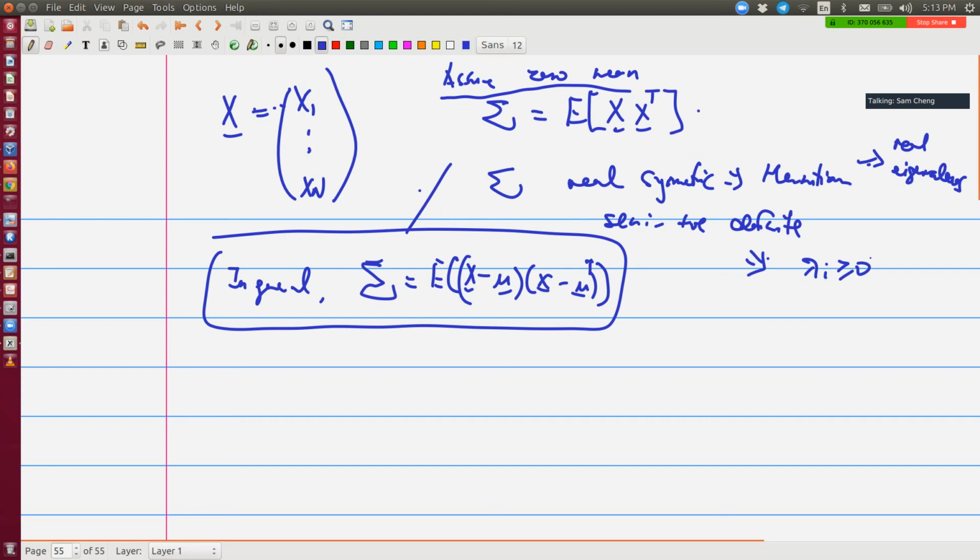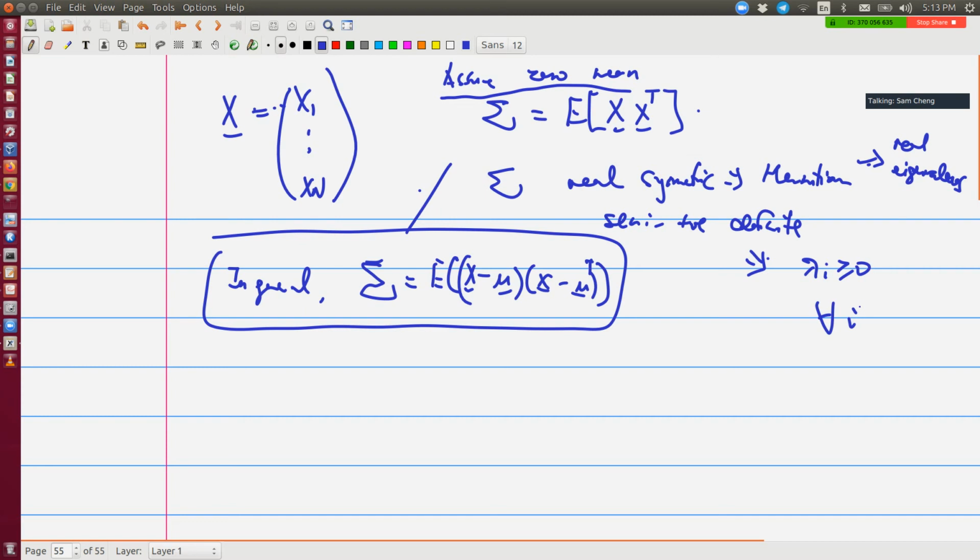If some of them are 0, it's still semi-positive definite, but it cannot be negative.